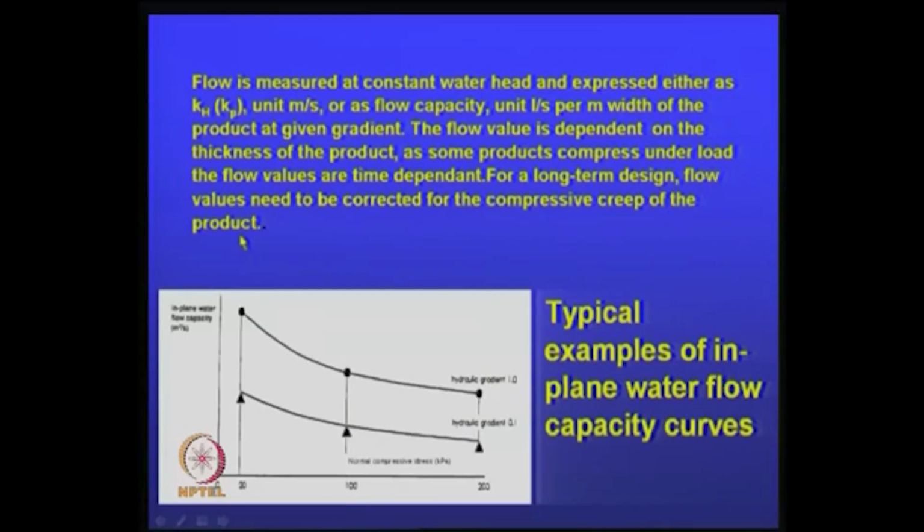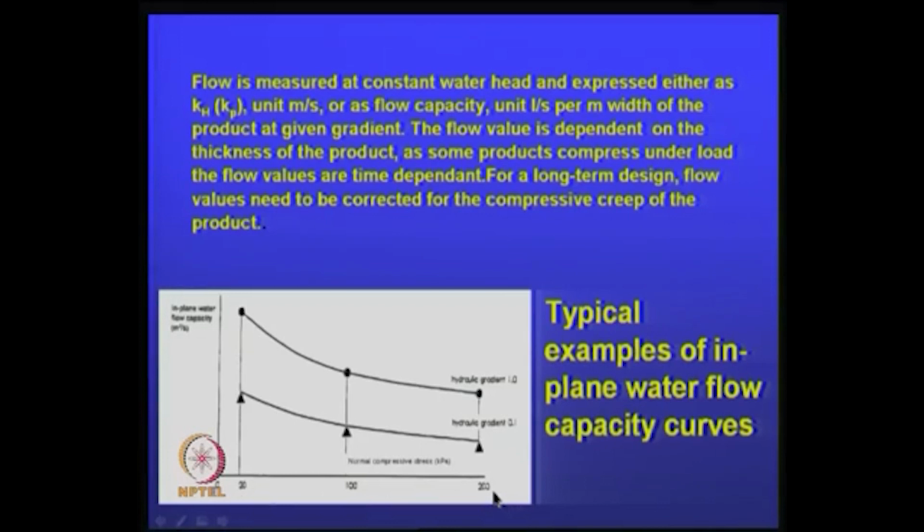This is very important, as I just mentioned. In fact, I did a couple of tests on this type of material, for a coir drain that we developed. We are looking at its in plane capacity, because in a coir drain its drainage is very important. So, we have to measure the in plane water capacity, how much water it can take under different pressures like 20 kPa, 100 kPa and 200 kPa.